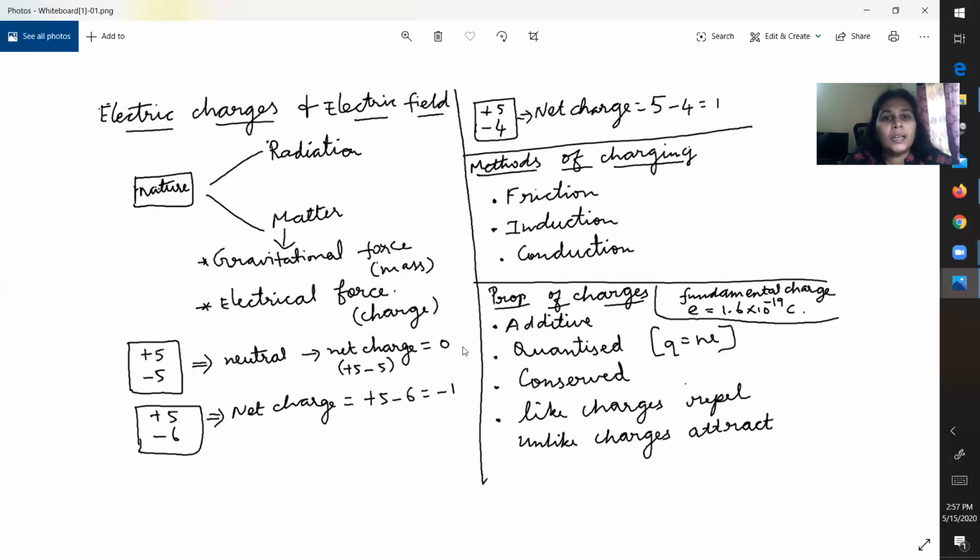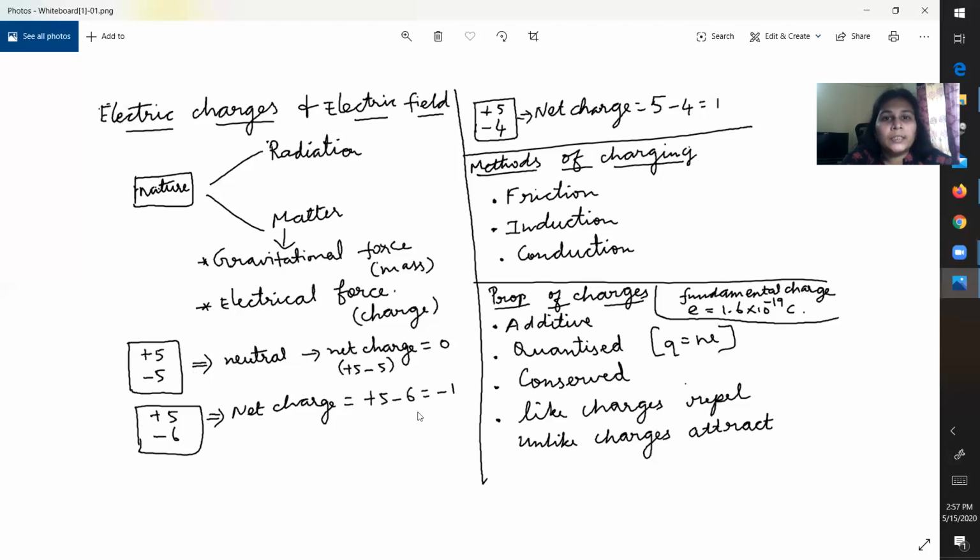Number 2, charges are quantized. What is the meaning of that? When I say a body is charged, it is always a matter of how many electrons are in excess or how many electrons are deficient, right?